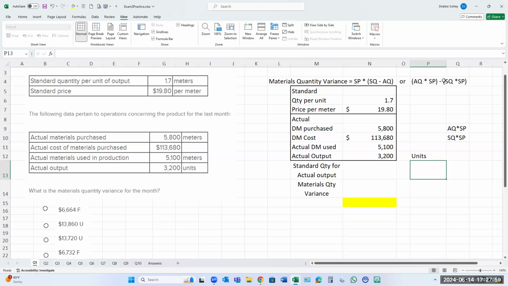In essence, we just took the standard price out, subtracted standard from actual, and then multiplied it by the standard price. I'm going to do it the long way. So the standard quantity for actual output is equal to the actual units times the standard quantity per unit.